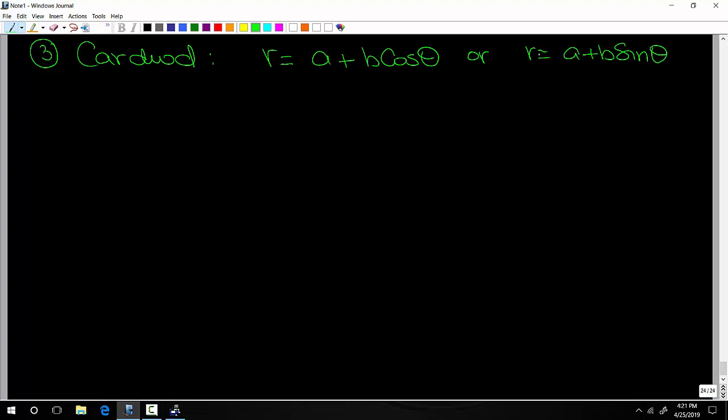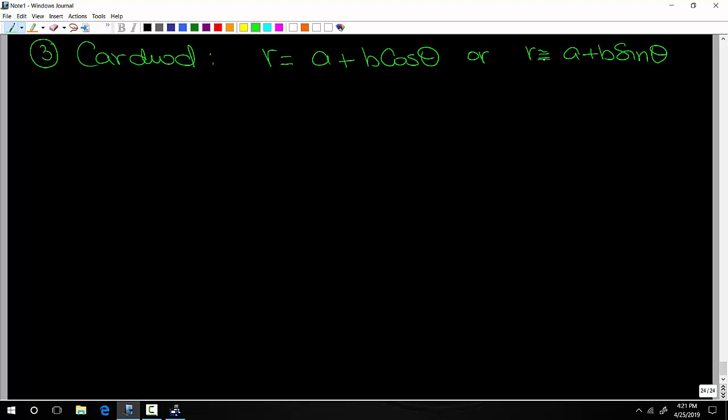So these are really important, because you'll see these mostly when you do calculus with polar coordinates. A lot of the examples are cardioids because there are different types of cardioids. That's why I state that.